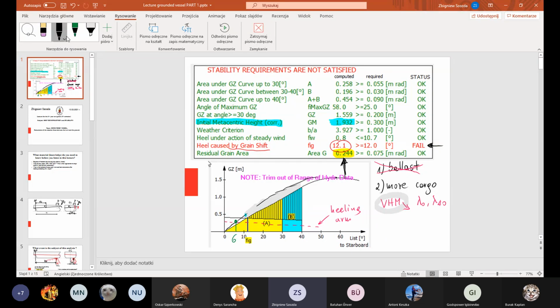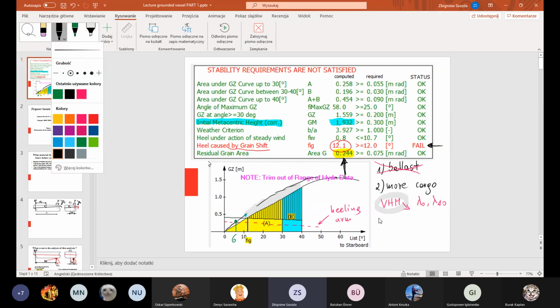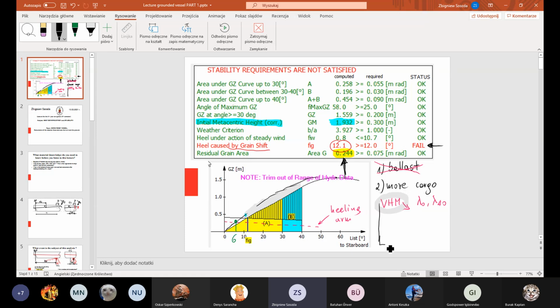If we take this opportunity to observe the tendency, how the volumetric heeling moment relates to the height of the cargo. Here is the height of the cargo, let's say the maximum height of the level of the cargo in a hold, and here is VHM, volumetric heeling moment, of course given in meters to force power. The relationship between level of the cargo and volumetric heeling moment is something like that.